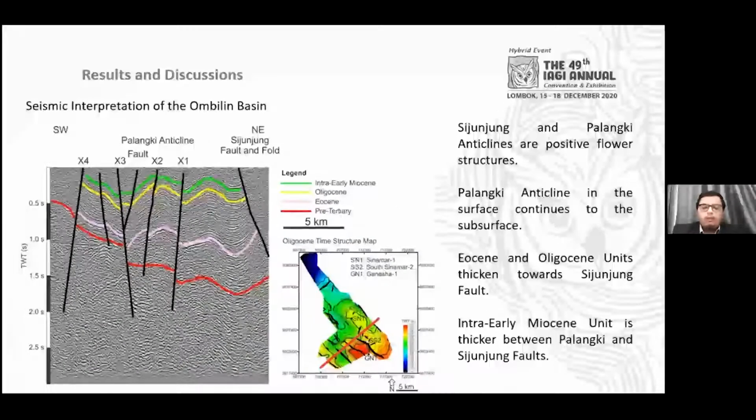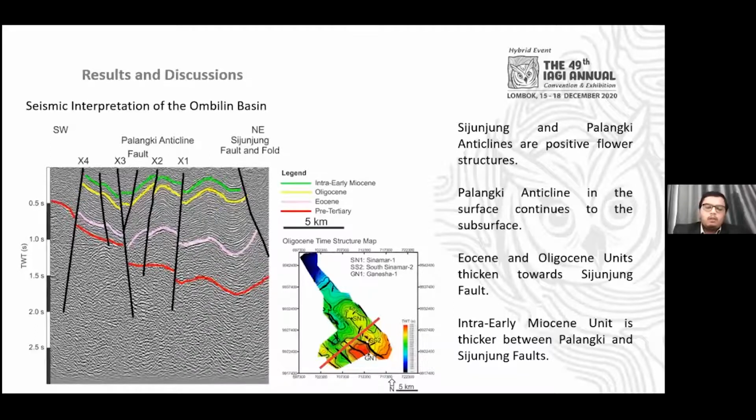And then we move a little bit to the southeast. We have a similar inverted half graben structure, but in this section we can clearly see the positive flower structure as the continuation of the Palanki anticline. In this section, the Takung Fault is represented as the Sijunjung Fault. Compared with the previous section, the Sijunjung Fault faces in the opposite direction to the Sinamar Fault.